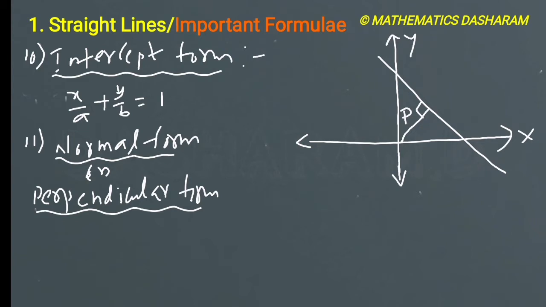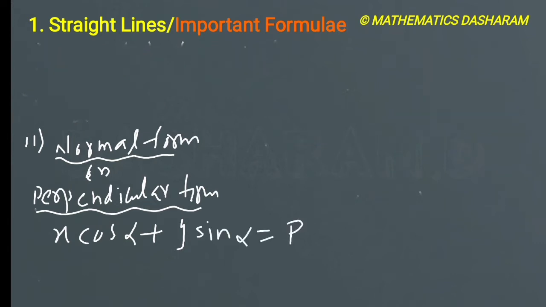Next, alpha means here is the alpha value. Then in this case the equation of the straight line is x into cos alpha plus y into sin alpha equals p.